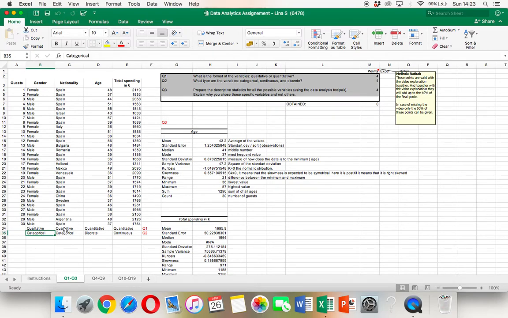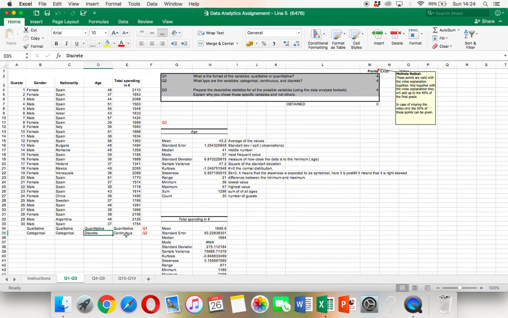Then we have the nationality, which is a categorical variable because it also involves a non-numerical category. Then we have the age, which is a discrete variable because it can only take certain numerical values. Then we have the total spendings, which are a continuous variable because they can take any numerical value and are measured.